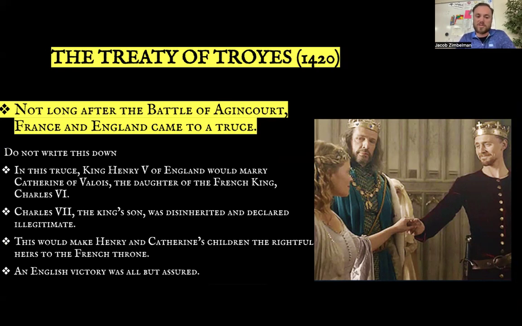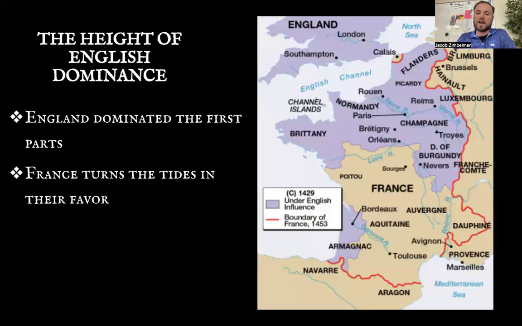It disinherits Charles VII and makes the children of Henry and Catherine of Valois, the daughter of the French King Charles VI, the next French kings, which would lead to England controlling the entirety of France. But this is what France looks like at the signing of the Treaty of Troyes, and France eventually, obviously, will look completely shaded in light purple.